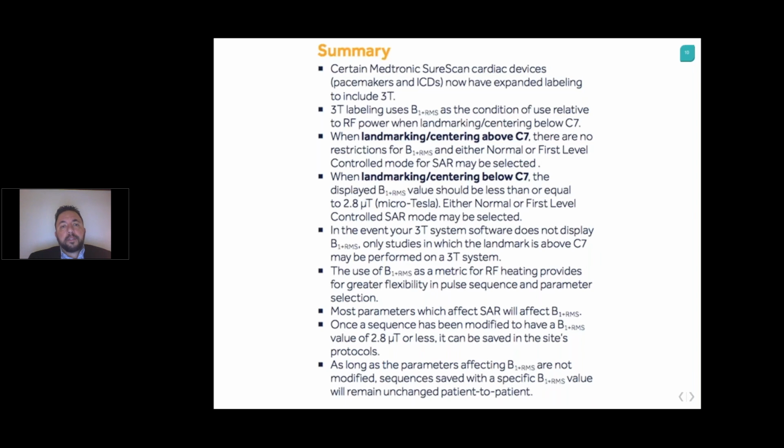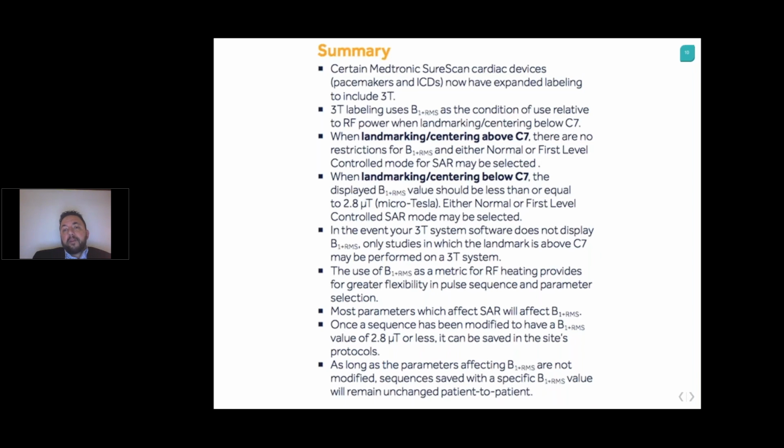They insist that the conditions for use state that we use less than or equal to 2.8 microtesla, and we can implement either normal or first level controlled SAR mode. B1+RMS, again, gives us a little more flexibility in our pulse sequence and parameter selection, whereas the setting for SAR is driven by patient size and other factors that can adjust that parameter.